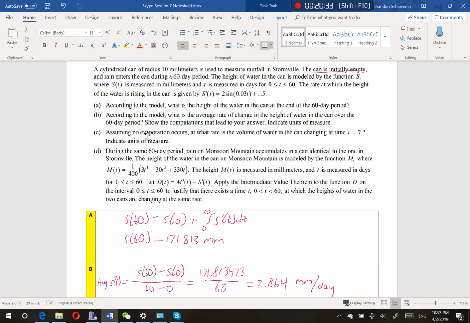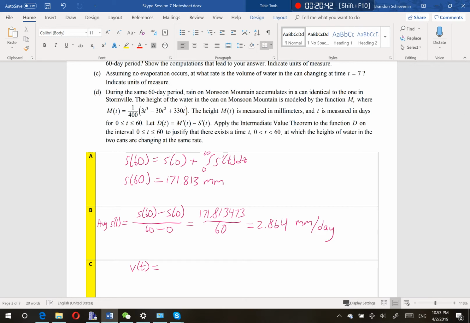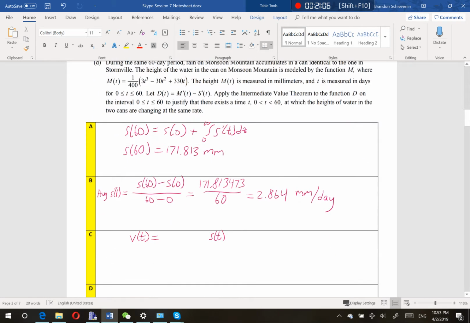The integral of s. If I integrate s, it's going to give me the height. So if I integrate s, I'll get s of t. What else do I need besides the height in order to get the volume? Oh, the base. Okay, so I need the area of the base. This is a cylinder. So what should the area be if the radius is 10 millimeters? 100 pi millimeters squared. Perfect.